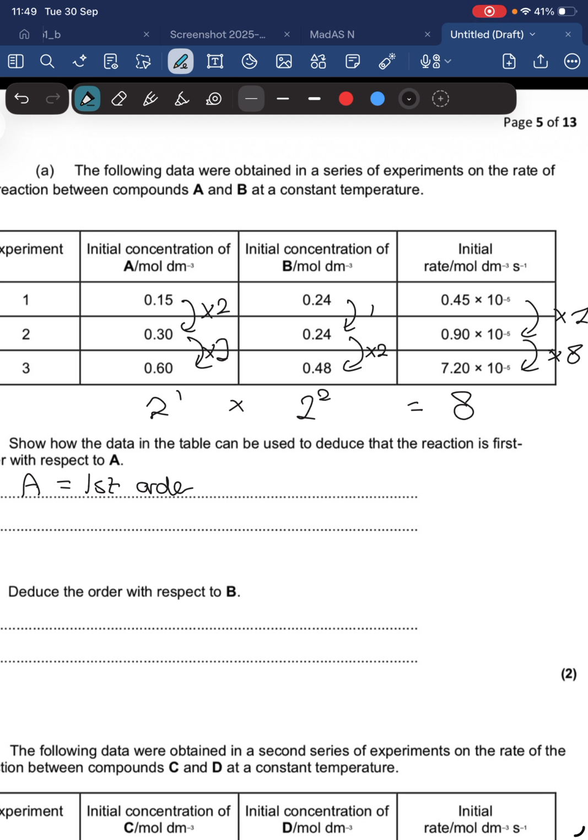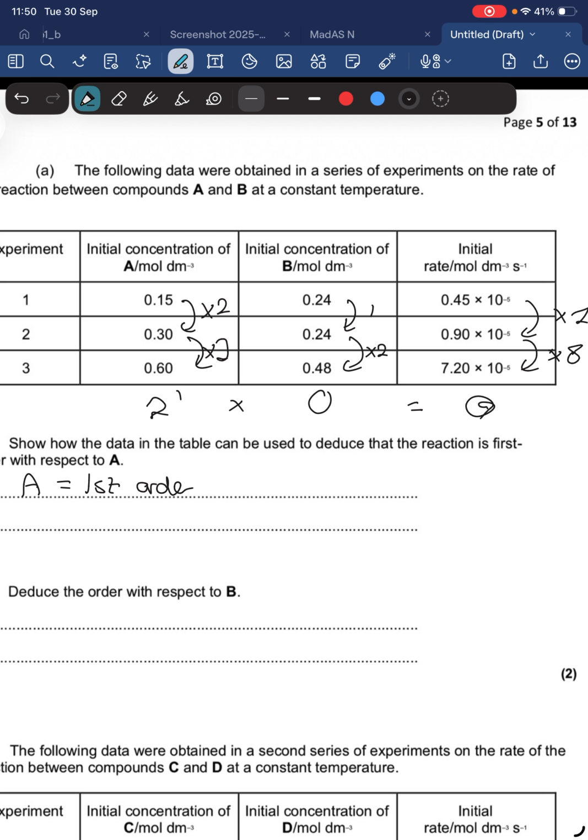And because it's times by 8, we can also safely assume this is second order, because if it's first order, we wouldn't get that. We would get 2. If it was first order, we would get 4. And if it was 0 order, we would get 2, right?